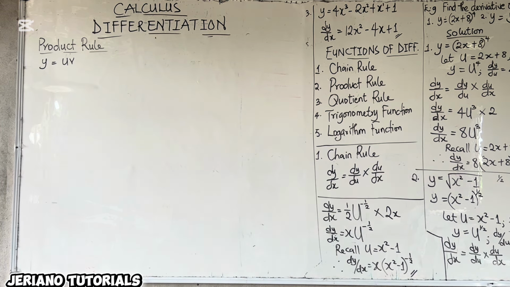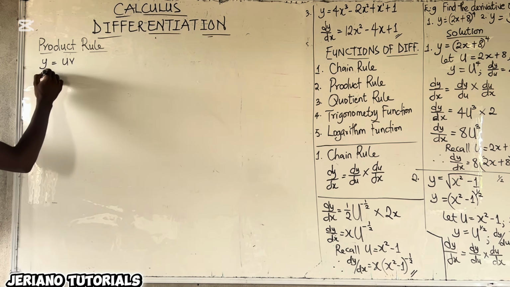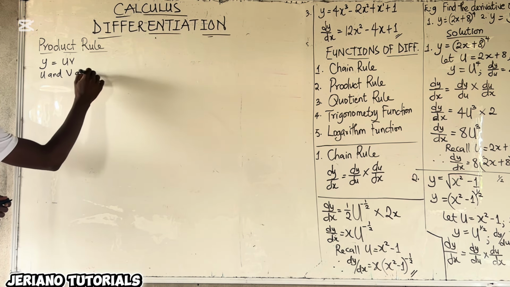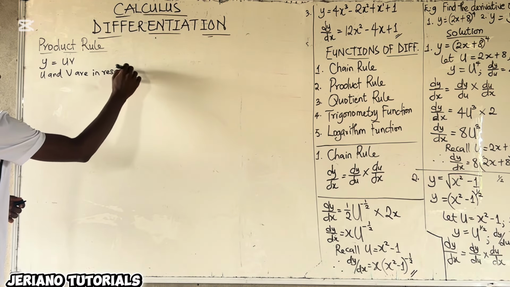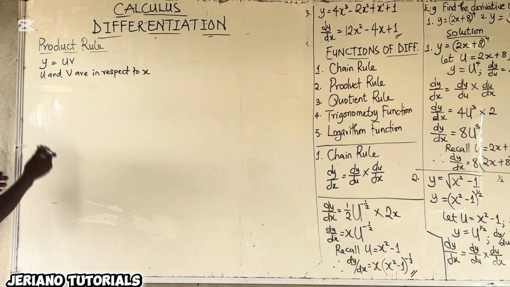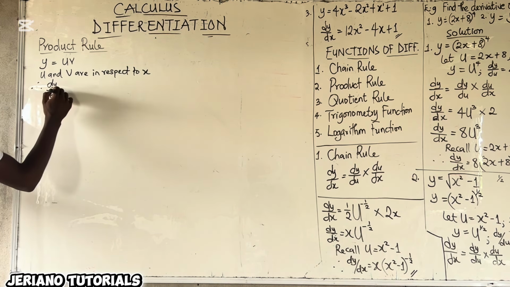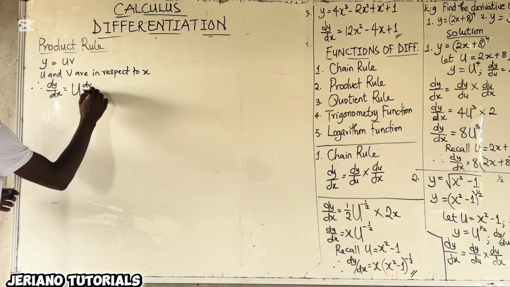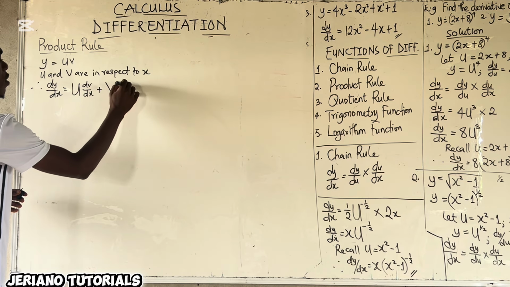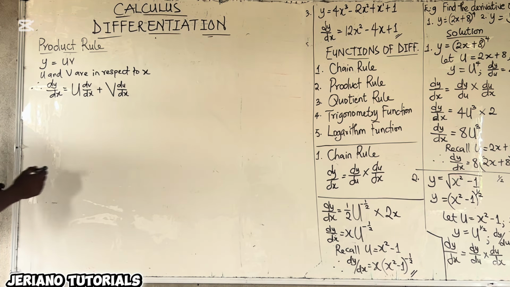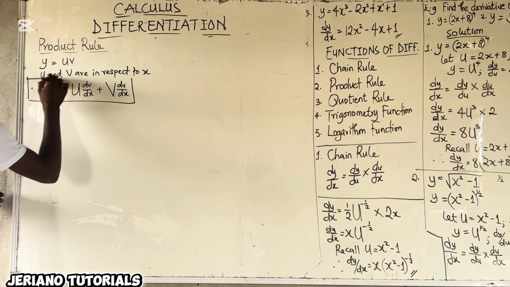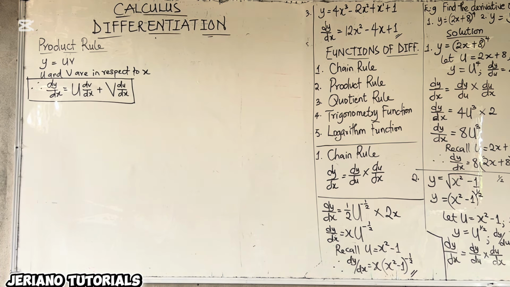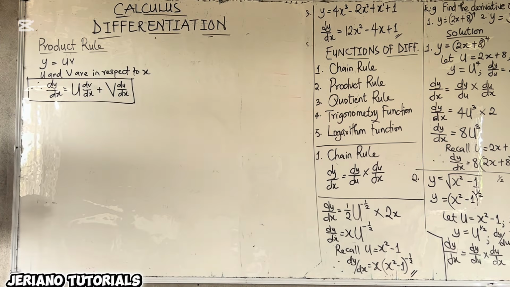We introduced u during chain rule, now we are introducing v, and u and v are in respect to x. Therefore, dy/dx in product rule becomes u dv/dx plus v du/dx. This is the formula for product rule. I gave you that of chain rule: dy/dx is equal to dy/du times du/dx. Now this is for product rule.